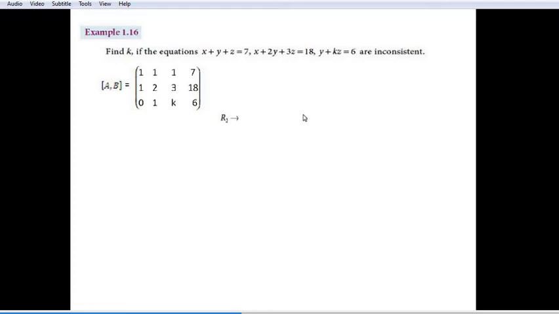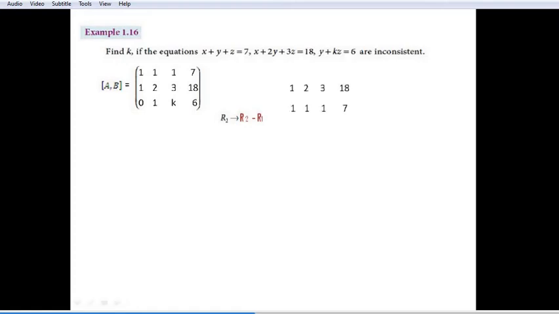Changing into echelon form, in the first row the first element is 1, so okay. The second row first element should be 0, and the third row first element should be 0. The third is already 0, so we make the first element of R2 zero. We apply R2 minus R1. R2 is 1, 2, 3, 18.